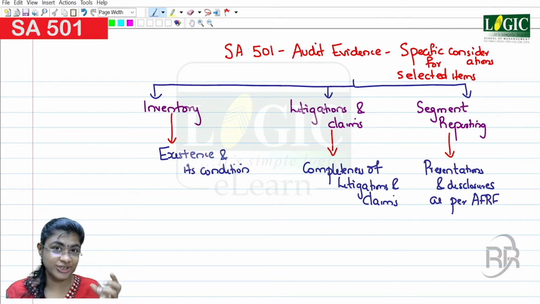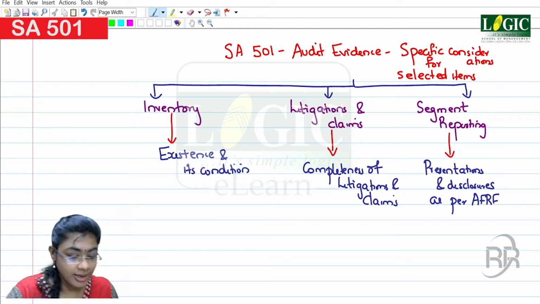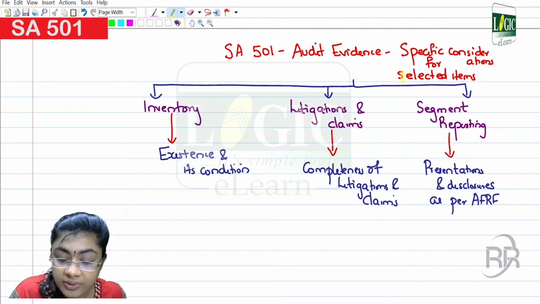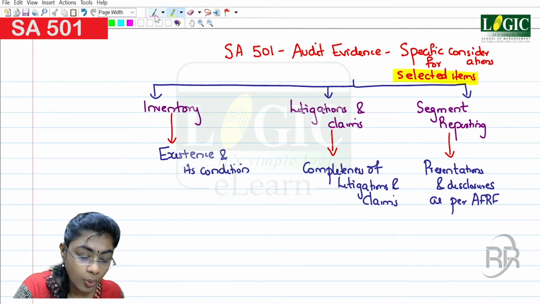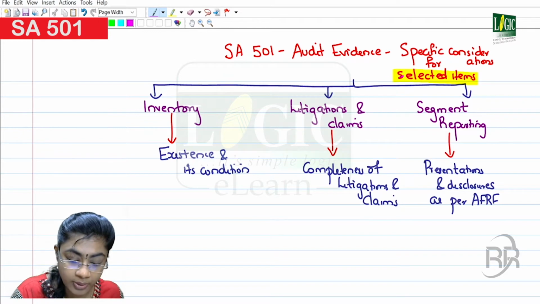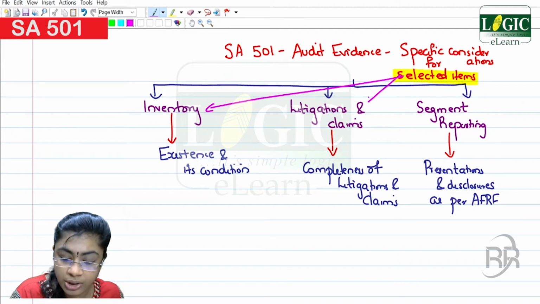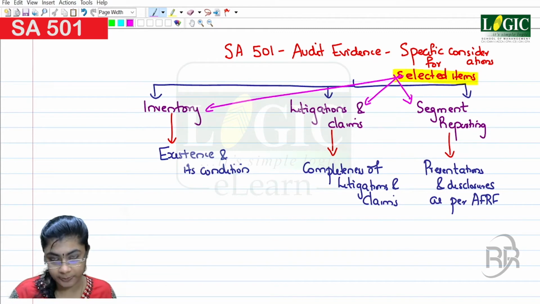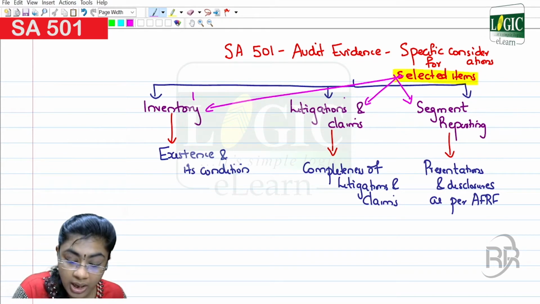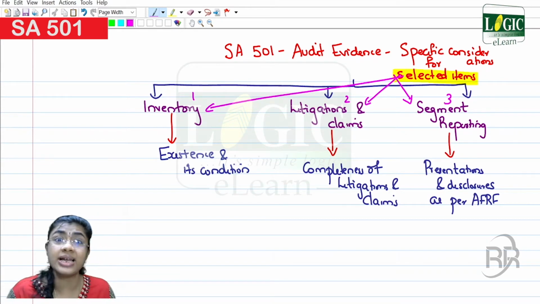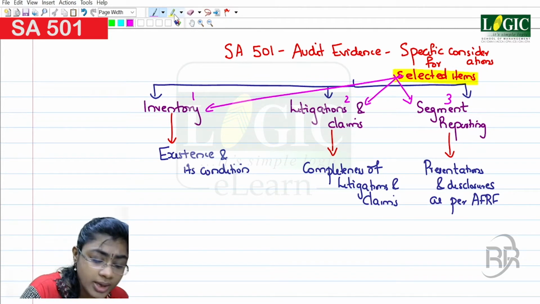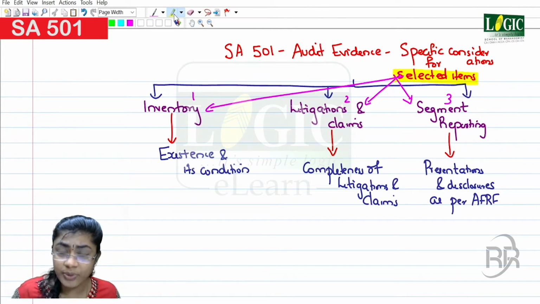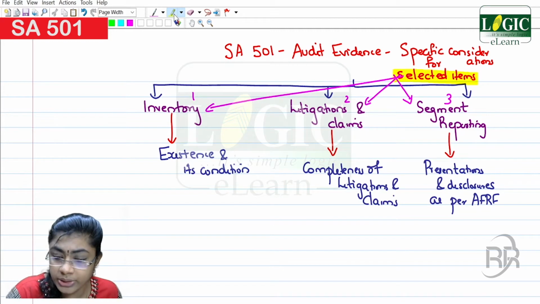To match this with the name of the SA, we said we have 3 selected items. What are those selected items? 1. Inventory, 2. Litigation and claims, 3. Segment reporting. These 3 are the selected items. In these 3 selected items, what consideration are you going to see?